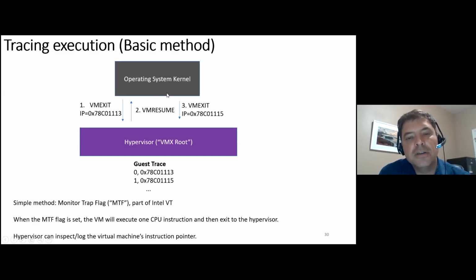The virtual machine executes another instruction, and then it automatically traps down to the hypervisor. So the hypervisor can build a trace of everything happening in that virtual machine. This works, but it's not very fast, because we're always pausing the virtual machine so that we can do this record keeping. So it's an example of how we can trace what's going on in a virtual machine, but it's not going to be very fast.